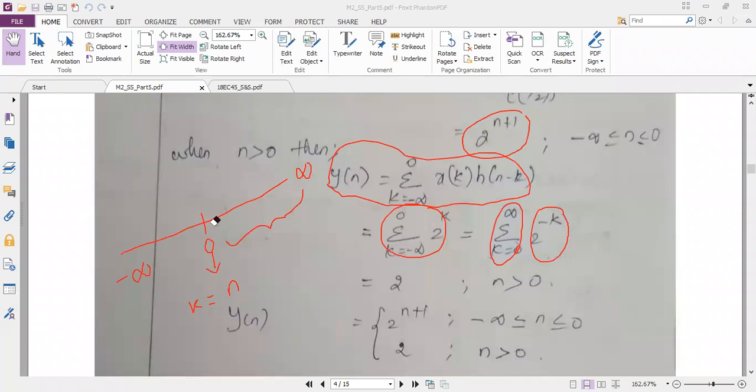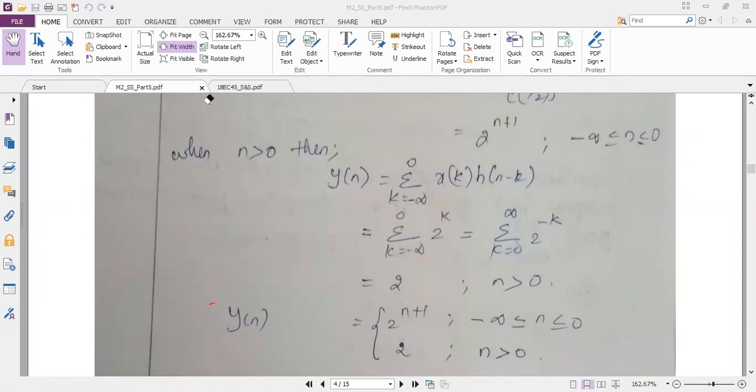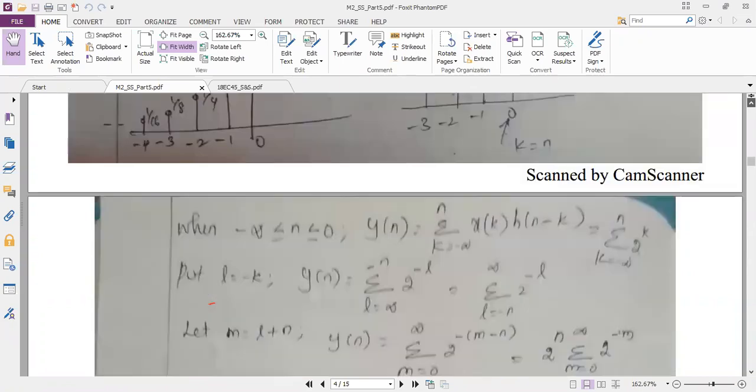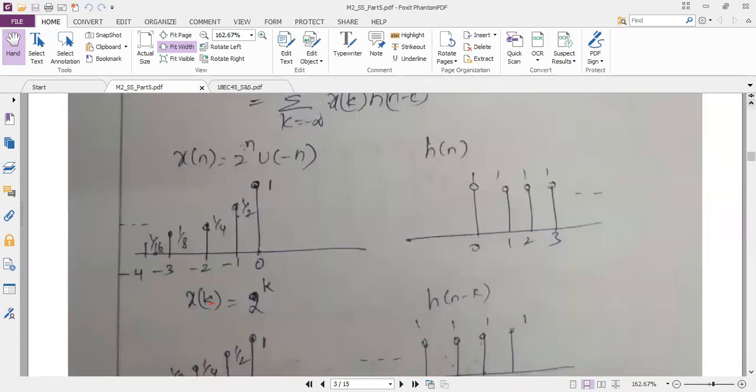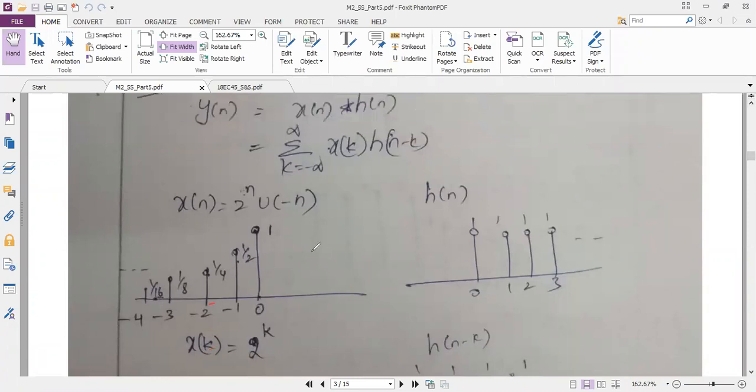Why 2 power minus k, you can ask me. I will just scroll the screen a little up and tell you. You see the question now. If you have minus n, then the power is positive. Now I will write it again, minus infinity to 0 to infinity. This position I have taken as k equal to n, so I solved my first output from minus infinity to n.